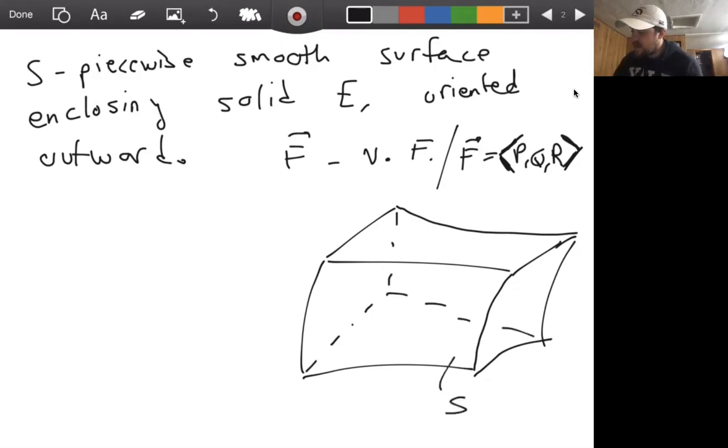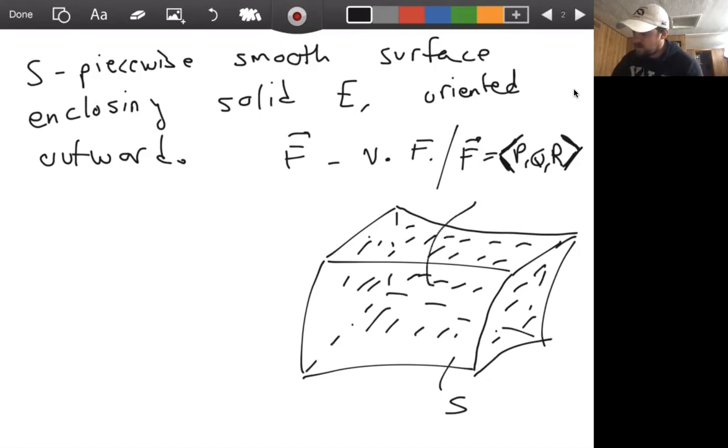So this is S, and then E is everything inside of it. So you can imagine this being not a hollow block, but a solid block, right? And so the interior is E. And here's what the divergence theorem says.